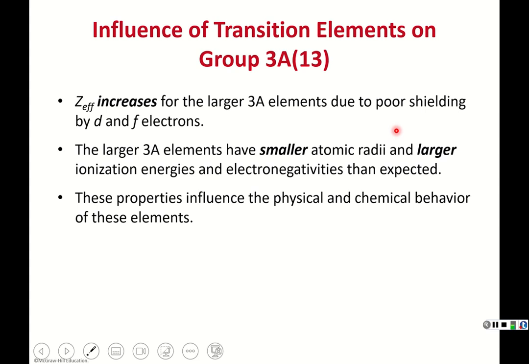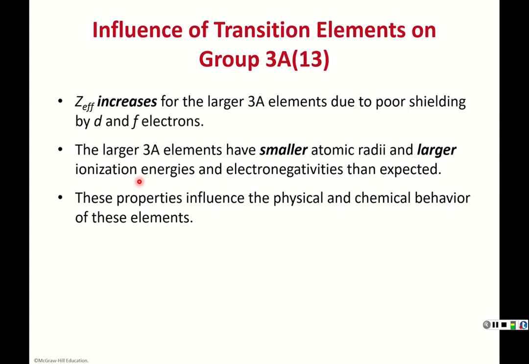So the larger 3A elements have smaller atomic radii and larger ionization energies and electronegativities than would be expected, and we'll see that when we look at that family portrait slide at the end of this discussion of this group.